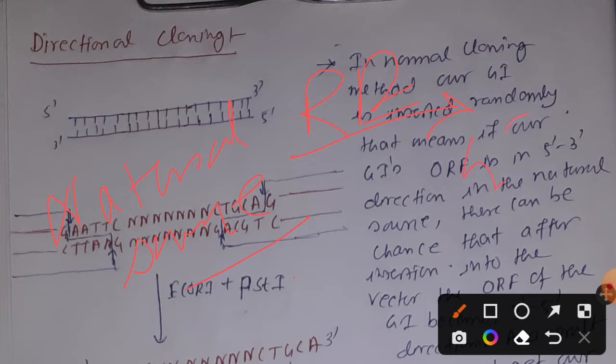Then we insert that gene of interest inside a vector, and then we transform them in a host. That is the basic idea of cloning. And for inserting the gene of interest in a vector, we need to digest the vector with the same restriction endonuclease that we applied to isolate our gene of interest from the natural source. That is the concept of normal cloning.